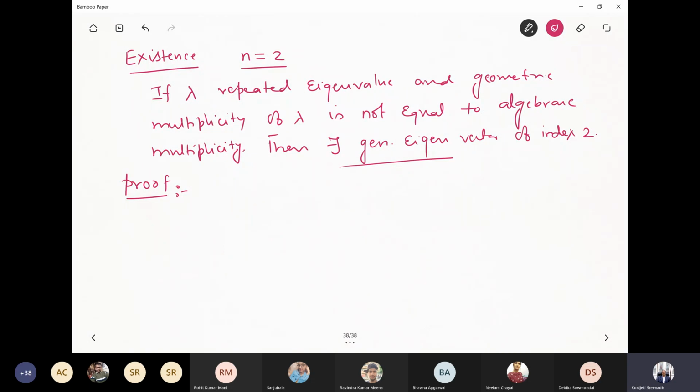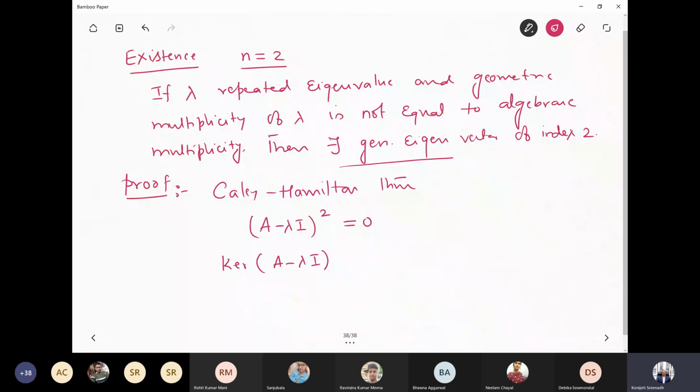So let me take n equal to 2. By the Cayley-Hamilton theorem, which I guess all of you know, A minus lambda I square is going to be 0. That means the kernel or null space of A minus lambda I square is of dimension 2.